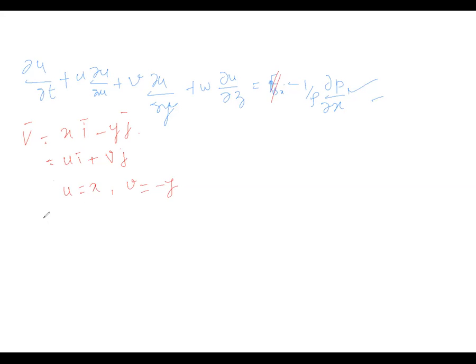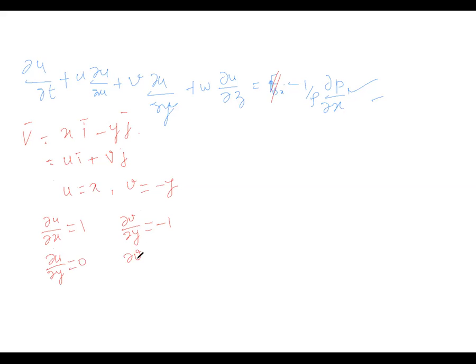So if you are getting ∂u/∂x equal to 1, ∂v/∂y equal to minus 1. There is no possibility of ∂u/∂y, so ∂u/∂y equal to 0.